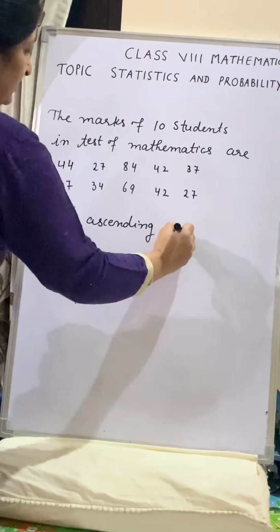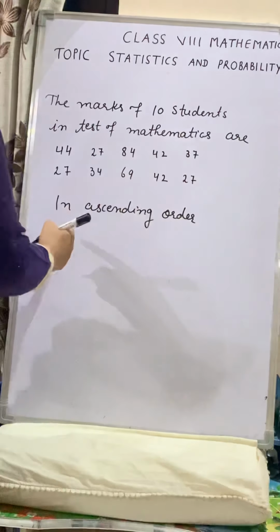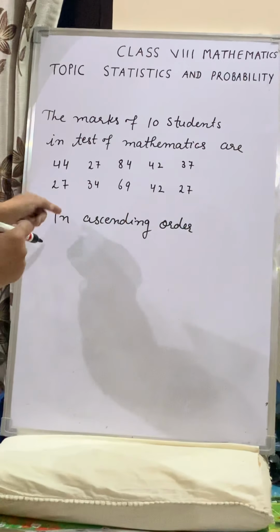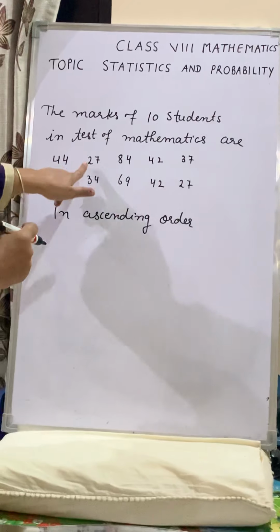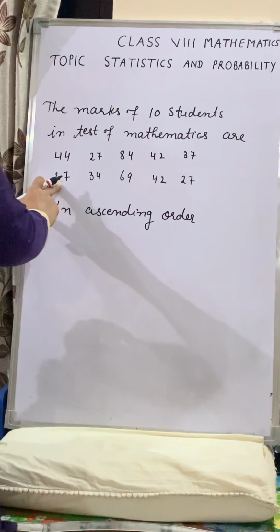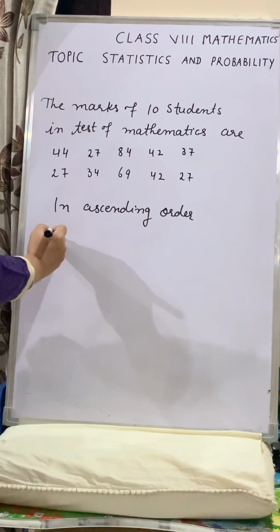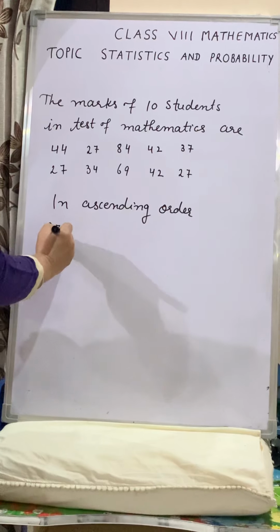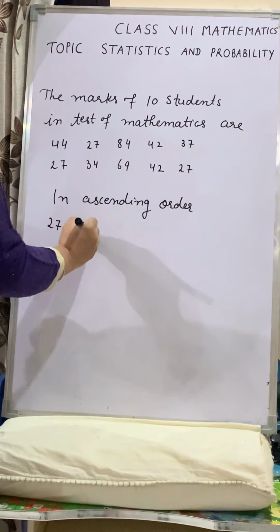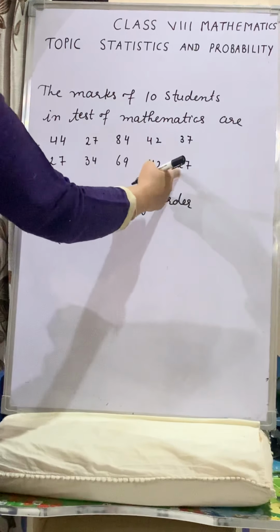When we write the collection of numbers in ascending order, what is the lowest score? Observe this and find out the lowest score. The lowest score is 27. How many times is 27 there? One time, second time, then third time.